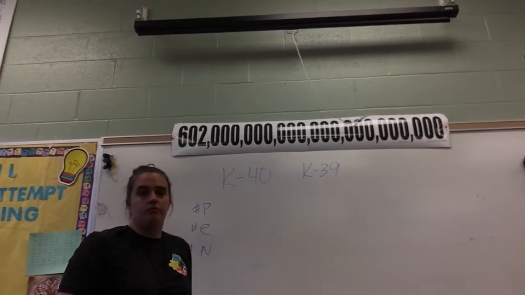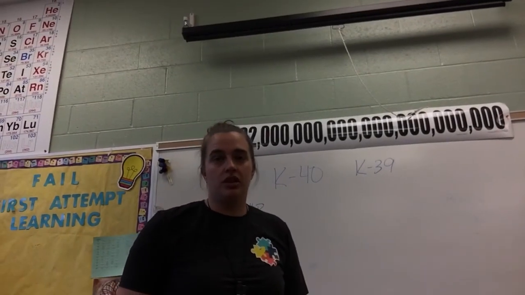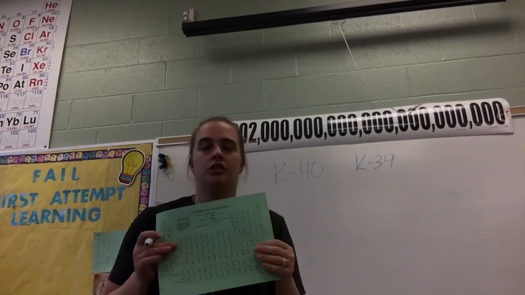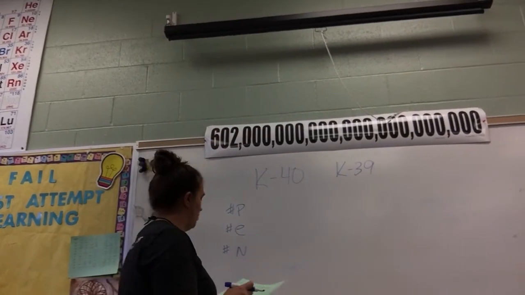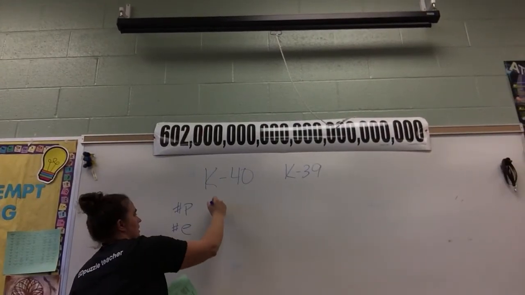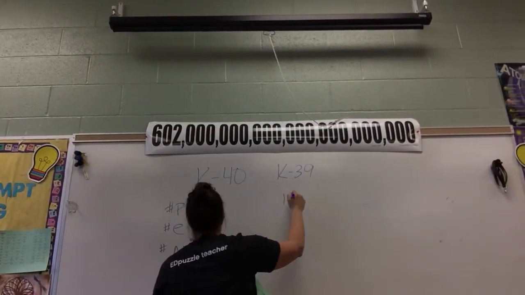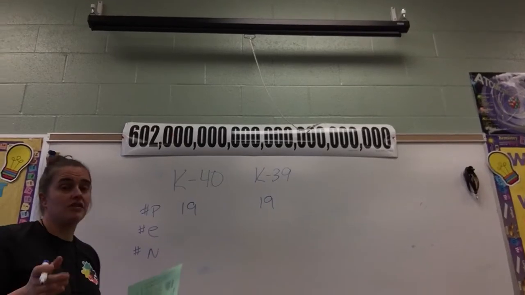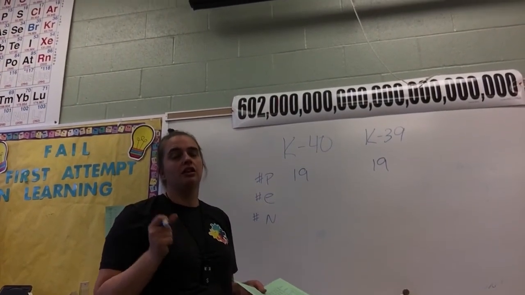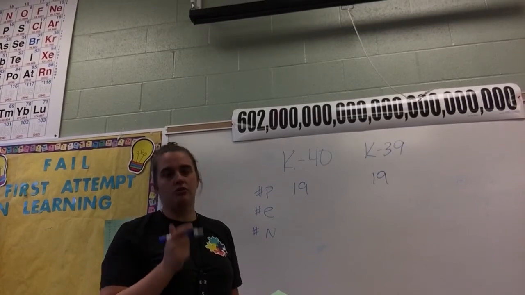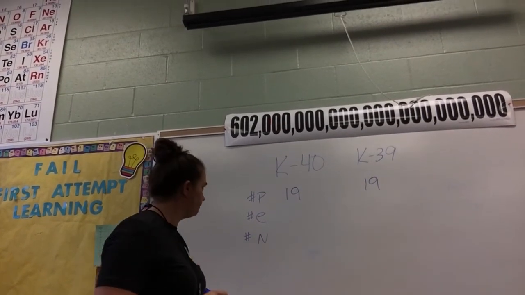So potassium. How do I find the number of protons for potassium? I look on the periodic table. I find potassium, find the atomic number. So potassium's atomic number is 19. So since both of these are potassium, there's the same number of protons, which is immediately telling me that these two things are isotopes. They are the same element.